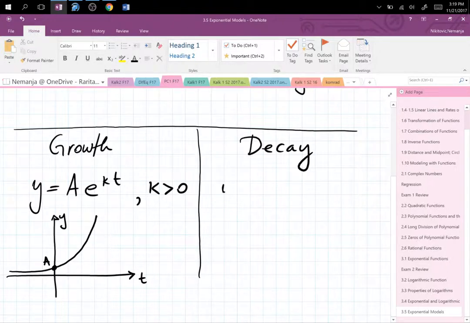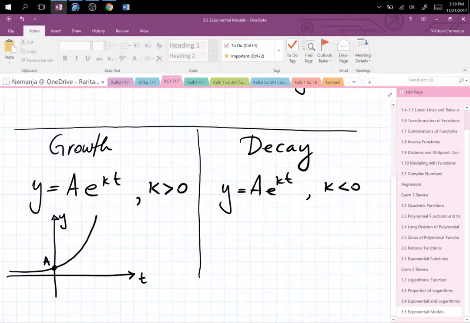Now decay is y equals a e to the k t, but the k is negative. So you have a negative number there. And for decay problems, this graph obviously reflects on the y-axis, and it looks like this.